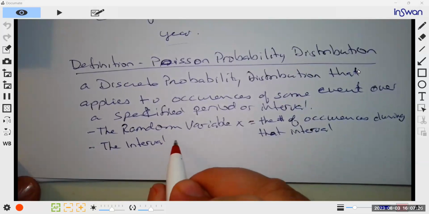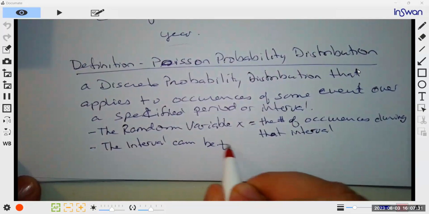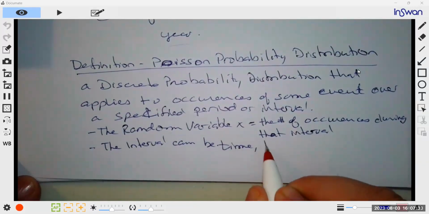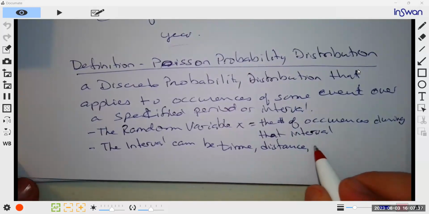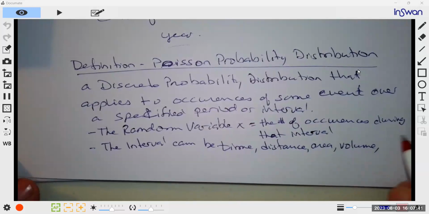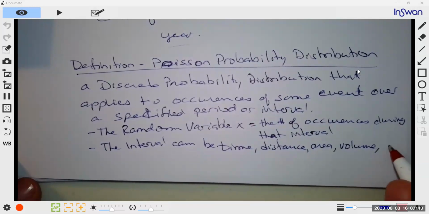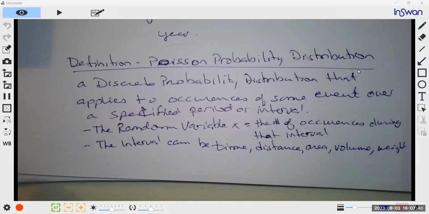The interval can be time, distance, area, volume, weight, or anything. There should be some interval.